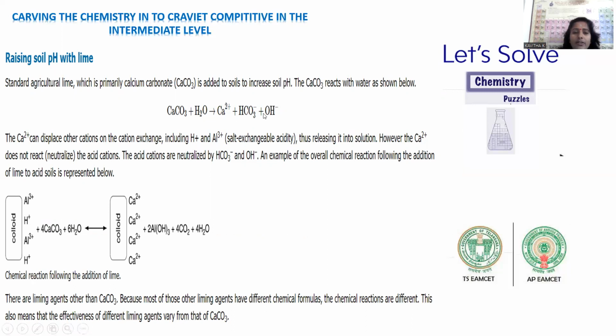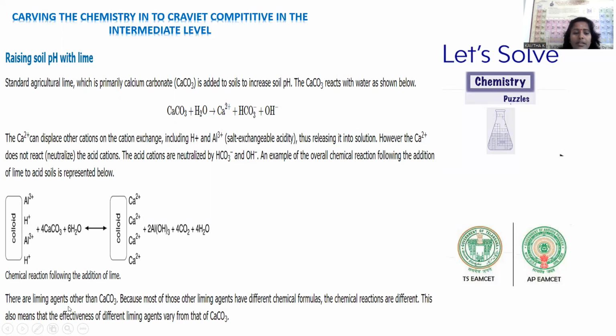Whenever these kinds of ions are released, here you can clearly observe OH minus. When OH minus is added, the soil's acidic nature gets neutralized. Moreover, whatever acidic ions are there in the soil get treated with calcium carbonate and water, so that the calcium ions are retained in the soil, and the aluminum hydroxide, carbon dioxide and water will be discarded.